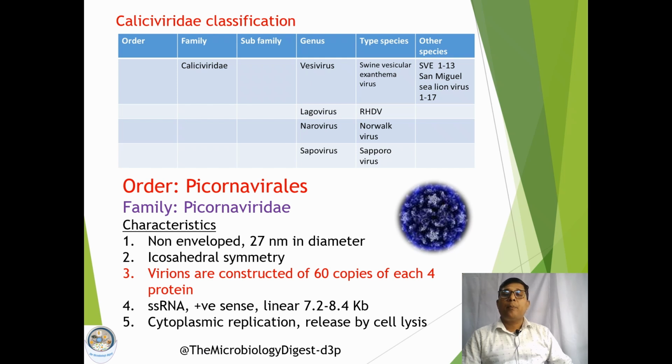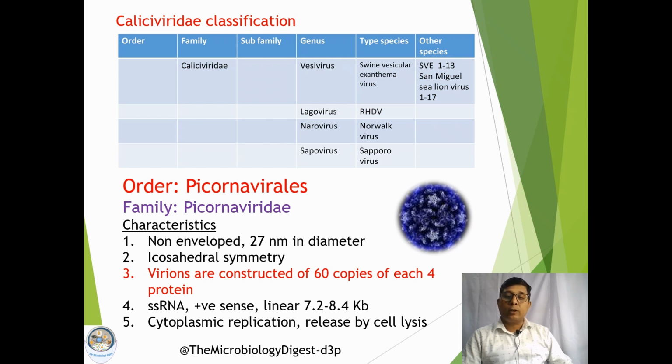Next family is the Picornaviridae. Recently, this has been upgraded to an order with the name Picornavirales. Important characteristics of family Picornaviridae include they are non-enveloped, 27 nanometer in diameter, having icosahedral symmetry. Virions are constructed of 60 copies of each of 4 proteins.